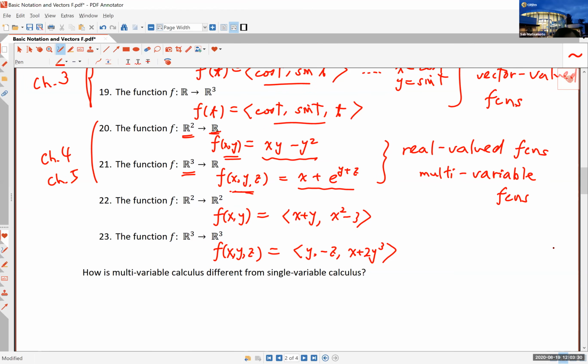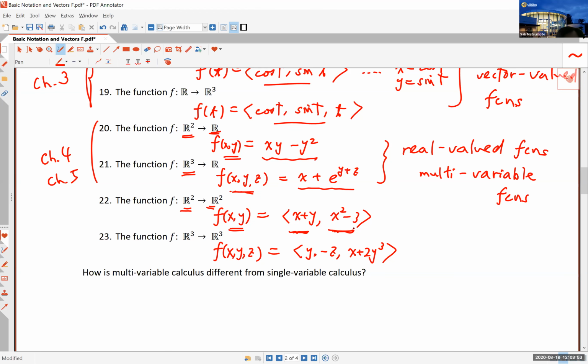Okay, number 22, now we have, ooh, look at that, the domain and the codomain are both two-dimensional spaces, and that means you have x, y here, and you have two components here, the first component and second component. These can depend on x, y, or both, okay?